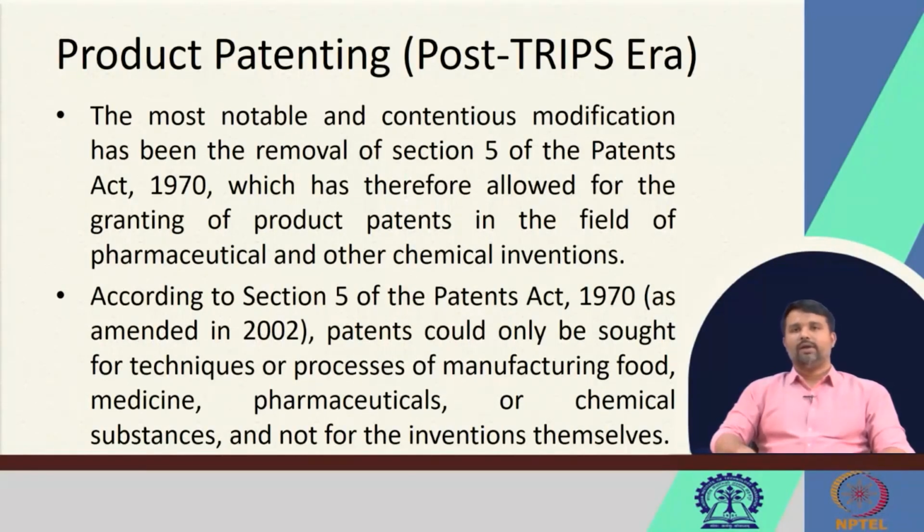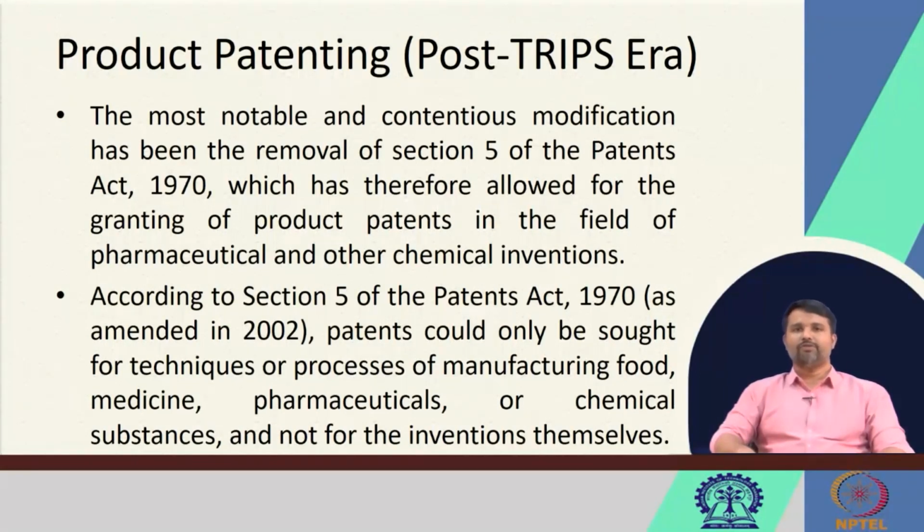The most notable and contentious modification after the TRIPS was the removal of Section 5 of the Patent Act of 1970, which allowed for granting of product patents in the field of pharmaceutical and other chemical innovations.